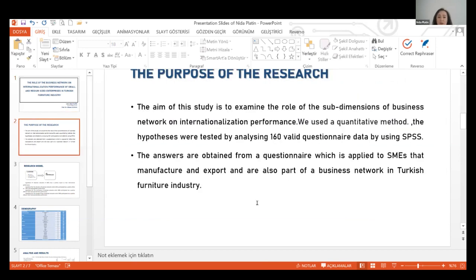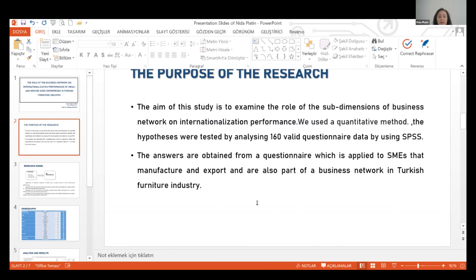The purpose of this study is derived from my PhD thesis proposal, titled the moderator effect of risky investment intention and international opportunity recognition on the relationship between business network and internationalization performance. I'm going to share a little part of my thesis proposal.